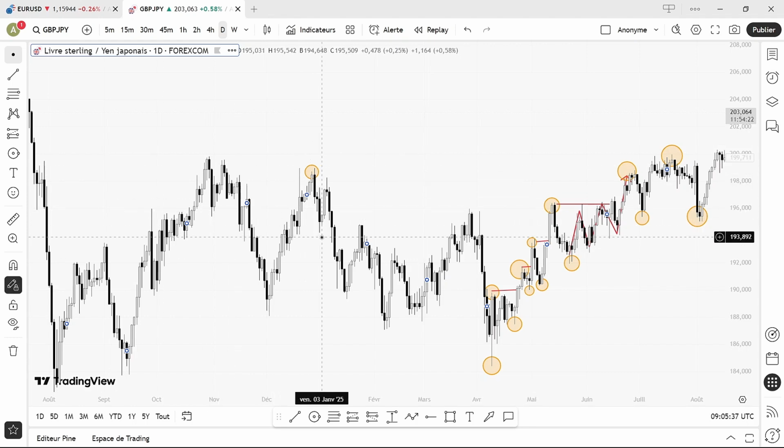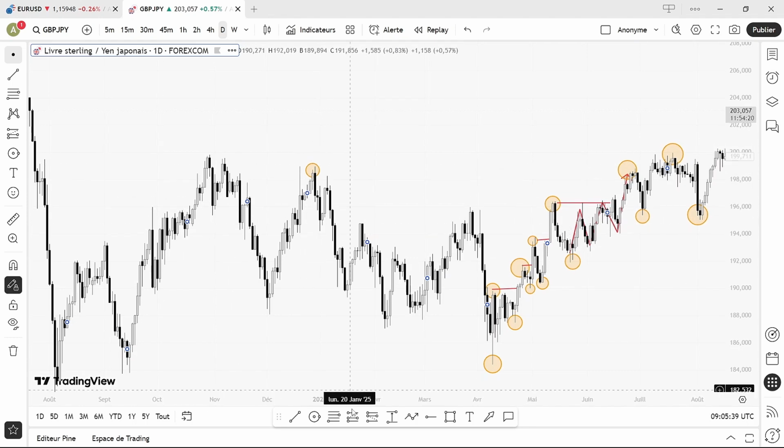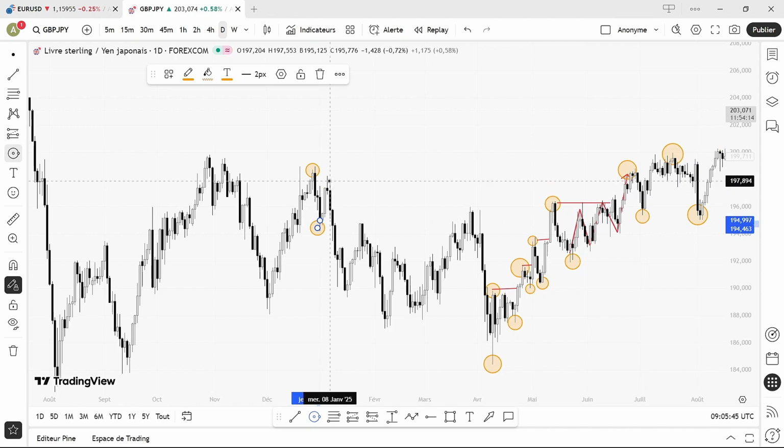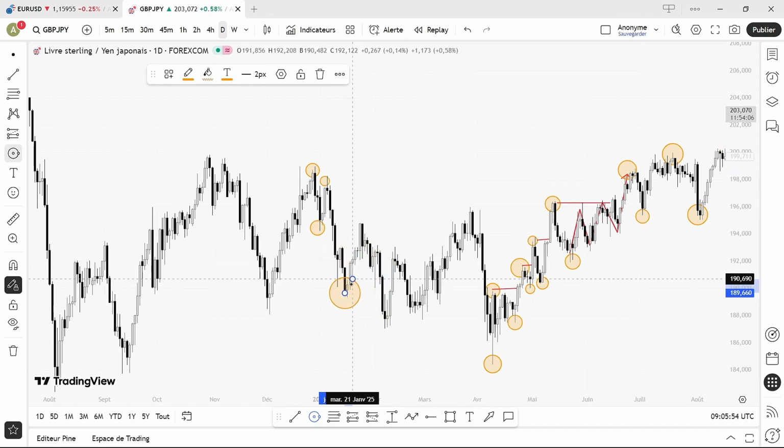This is a lower low right here, putting in a lower high, coming back here for a lower low, coming in, printing another lower high.